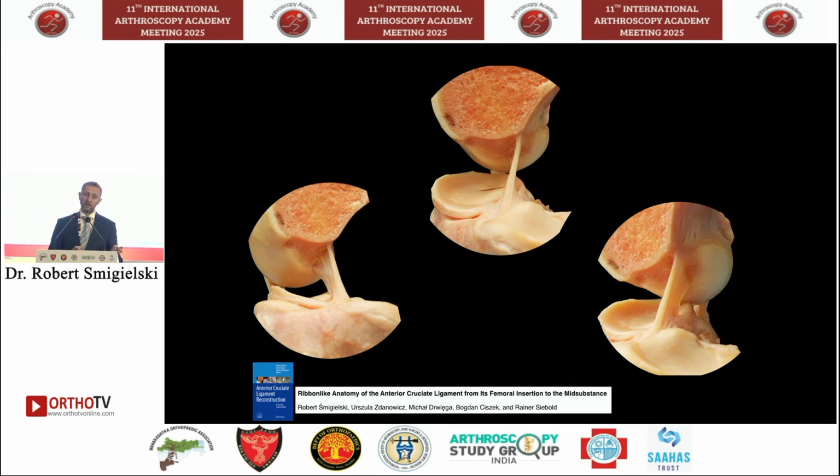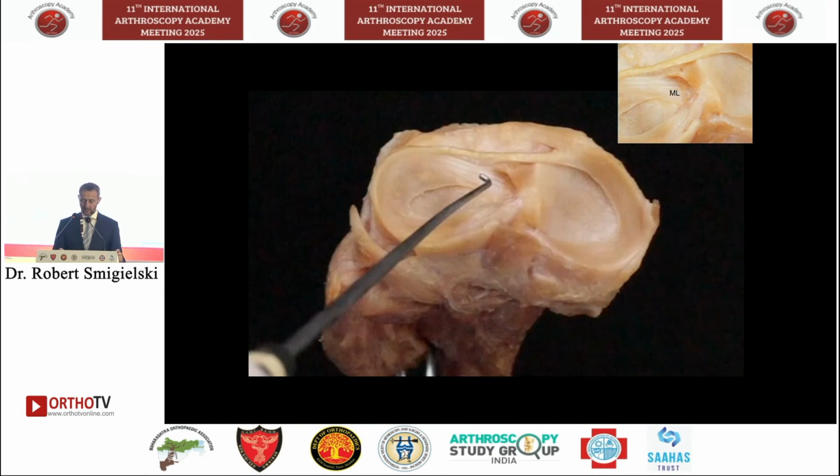If we look at the ligament from the medial side, you can see as well that the ligament is, of course, flat. It's not round. It doesn't even have 2 or 3 or 5 bundles. It's a very flat structure in the joint.